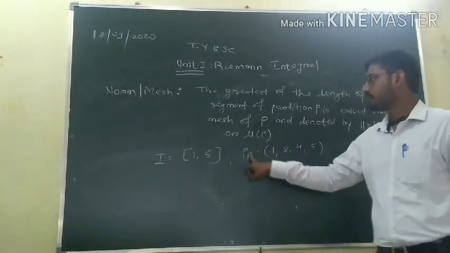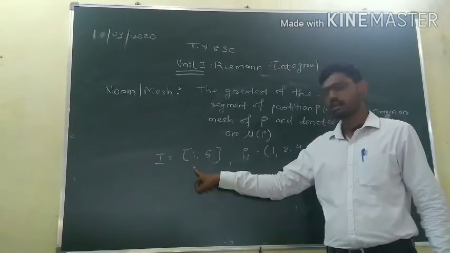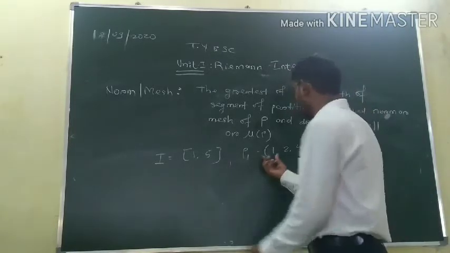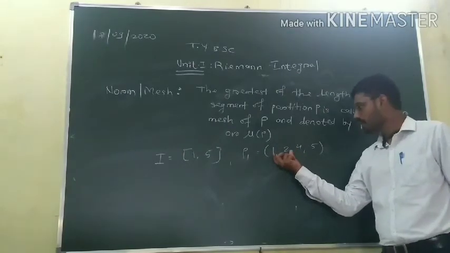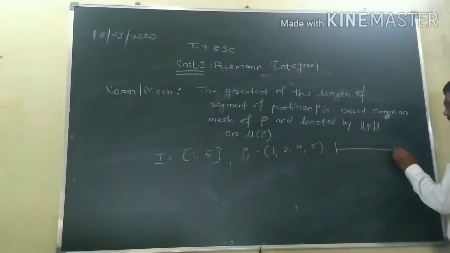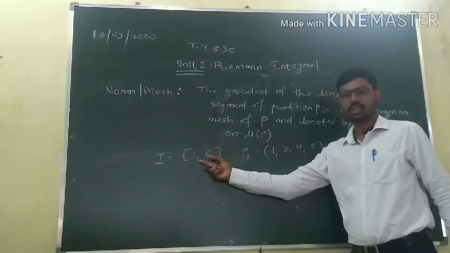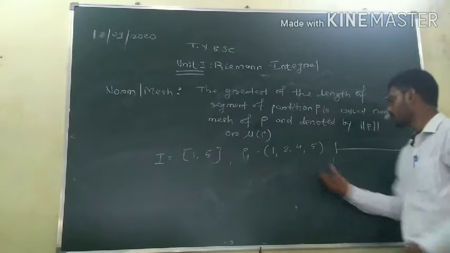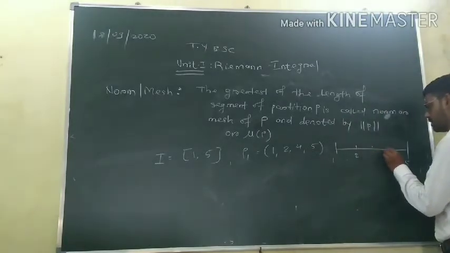Now this partition divides this interval into smaller segments or subintervals. The first segment is from 1 to 2. Here is 1, here is 2, here is 3, here is 4.